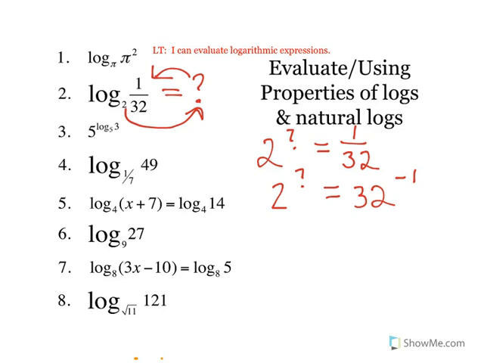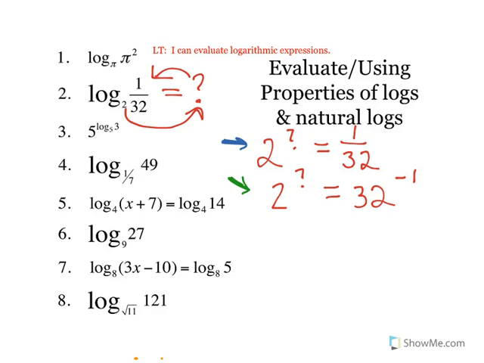I want to pause right here for a second and just say that you have done the new material in this step. This is the new material: rewriting that logarithm as an exponential. This step is not new. Now it looks new, but it's not new.